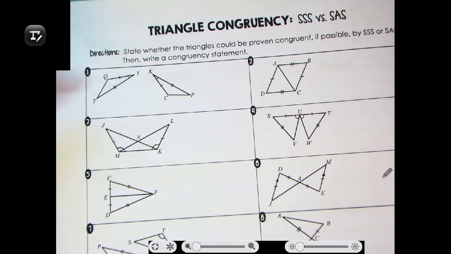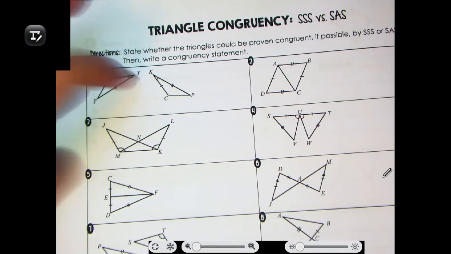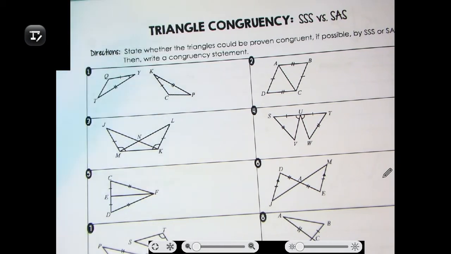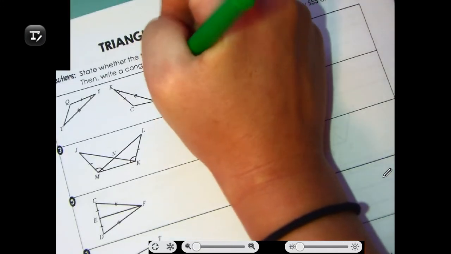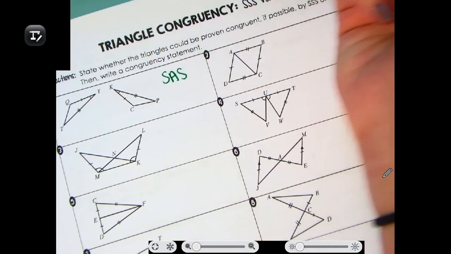Number 1, you see it has a side, angle, and a side that's already showing us are congruent. So could we prove that these two triangles are congruent? Yes, we could by SAS. So I would say, yep, I can say these are congruent by side, angle, side.